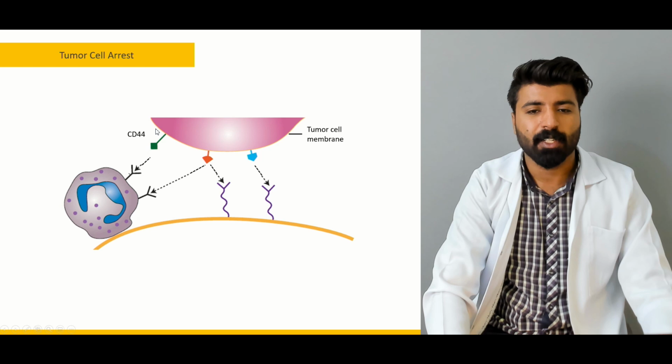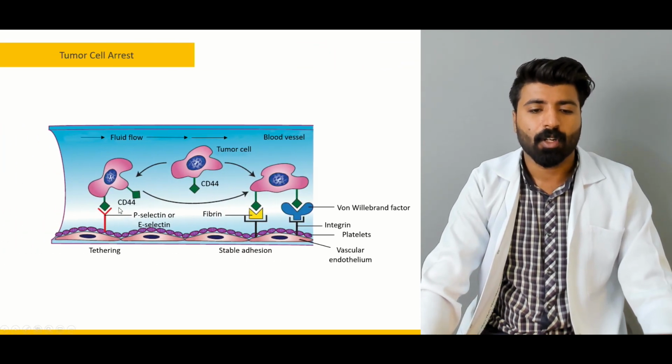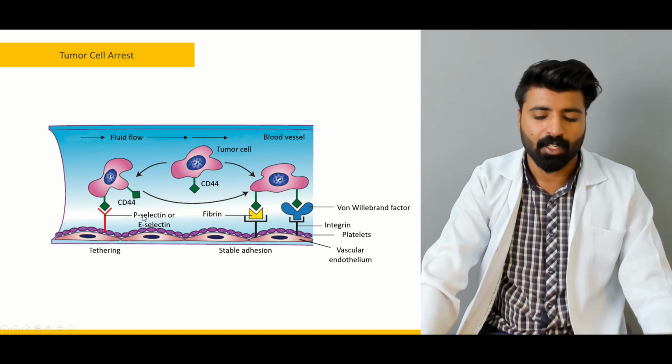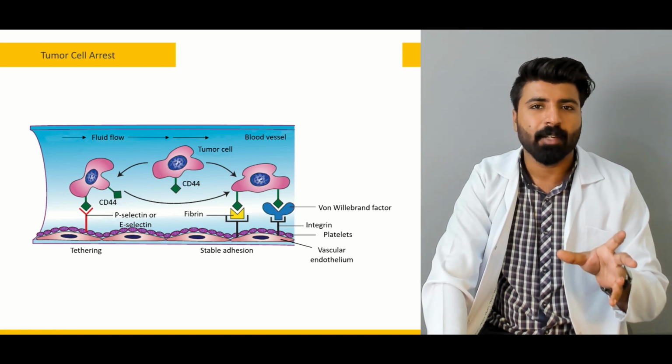Now let me explain it in a better way. We talked about it, this CD44 was free. This receptor was free. This receptor was being bound to P-selectin or E-selectin. Now, you should know that it's not going to be free all the time.